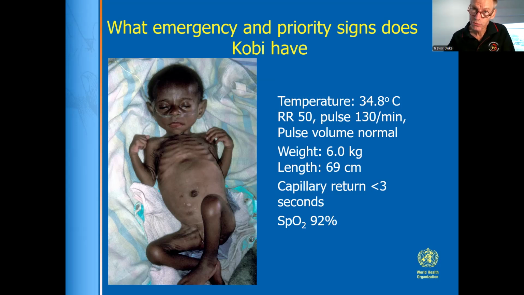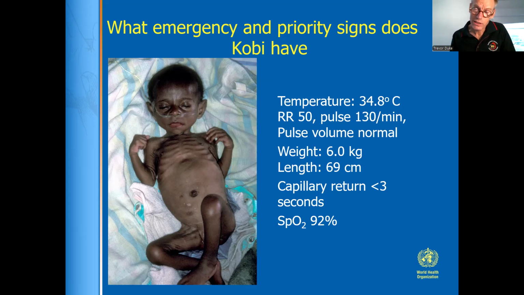Feel the peripheral pulses, so the radial pulse, or if you're feeling the feet, then feel the posterior tibial, that's behind the medial malleolus, or the dorsalis pedis pulse, which is on the top of the foot. Often I feel both. I feel the hands, feel the feet. If the hands are cold, then feel up the arm to feel how high the coldness goes.